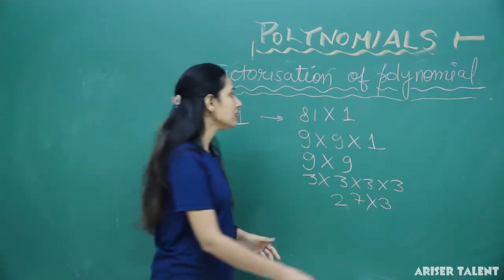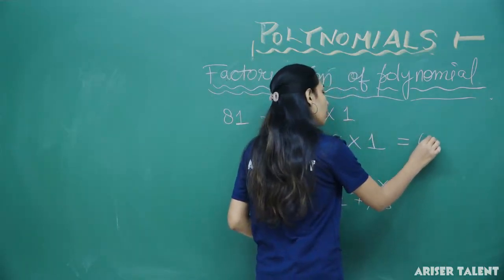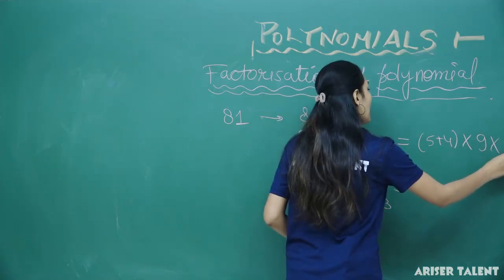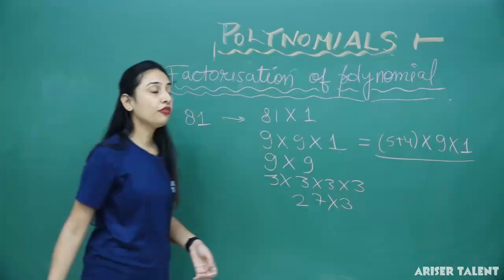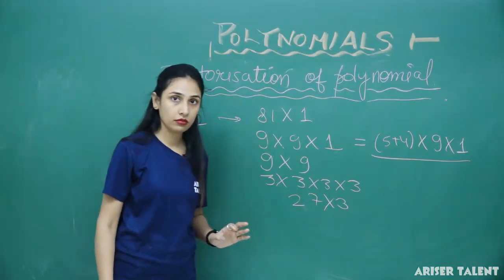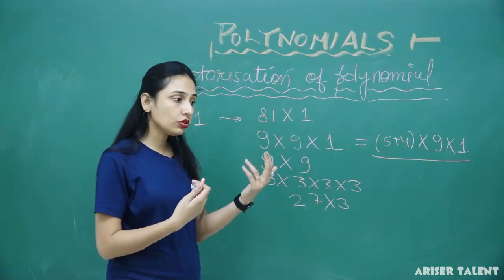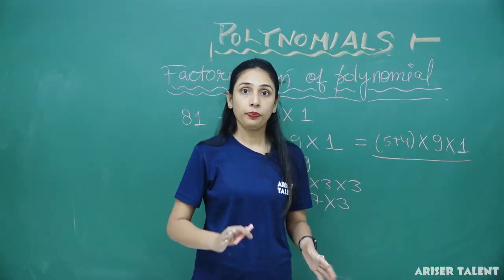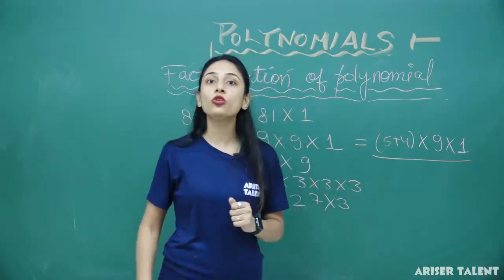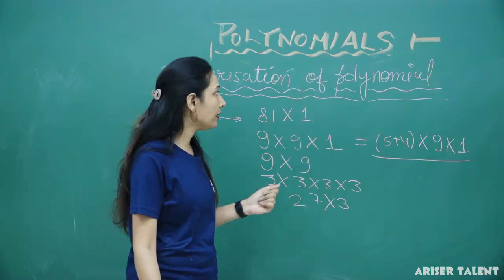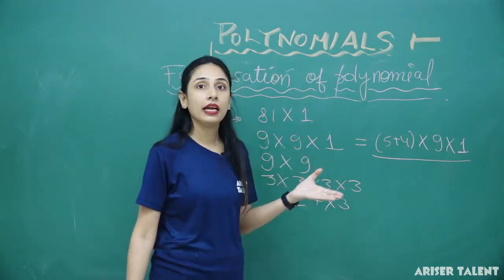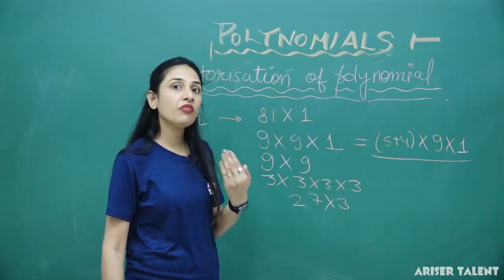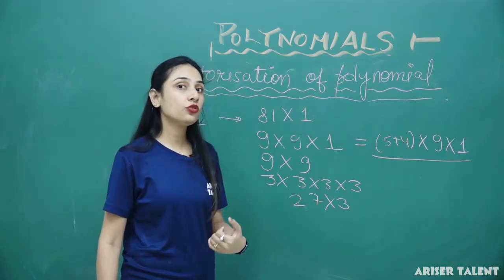Now this is again a factorization of 81. I will use these kinds of concepts for the factorization of polynomials also. Now we will say that these are numbers and we are talking about polynomials. There is some difference. Yes, there is a difference, and we will consider the difference too.